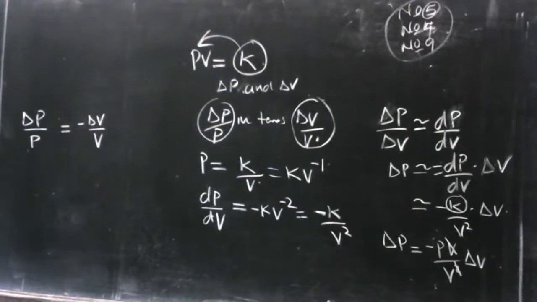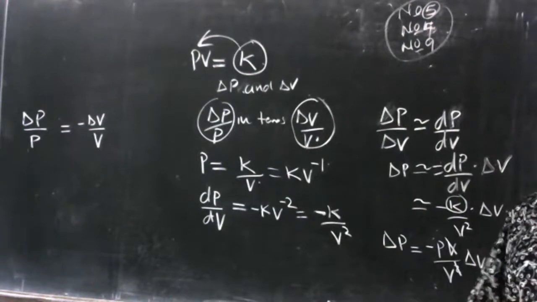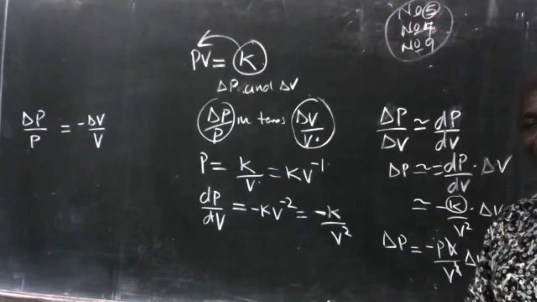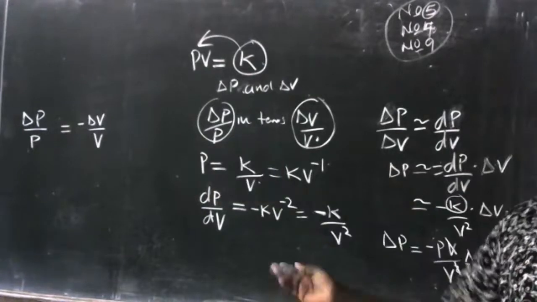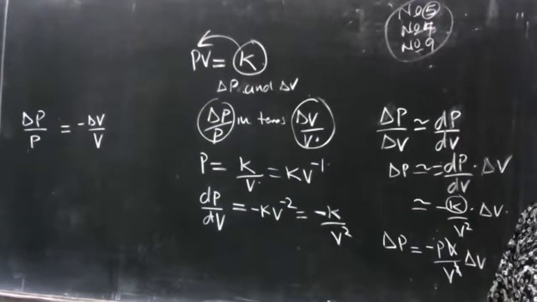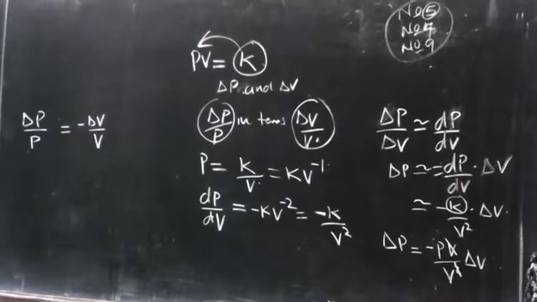We say that change in P out of percentage P, there is a question that delta P out of P. Now, when you're going down, do you put equal signs or proportional in this case? No, you should just get the delta P over P in terms of delta V over V. So long as you have delta P over P equal to something divided, that's enough. If you want, you can put proportional.